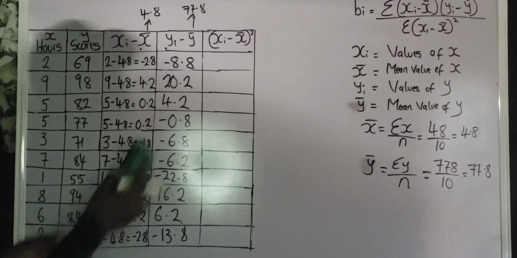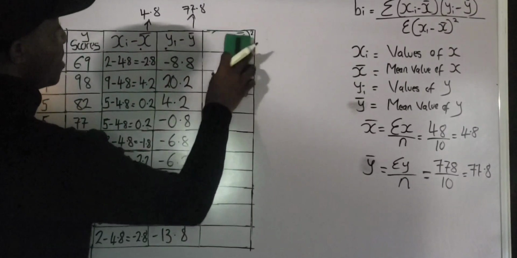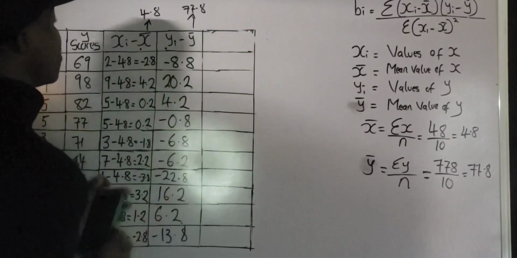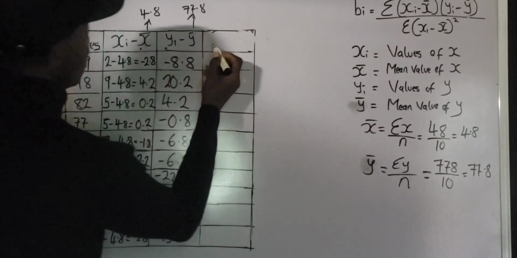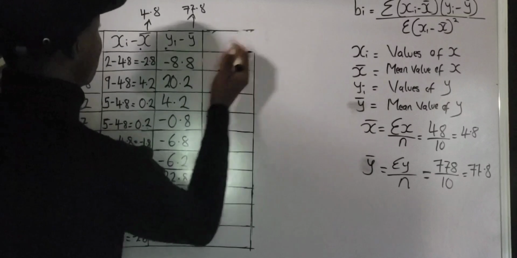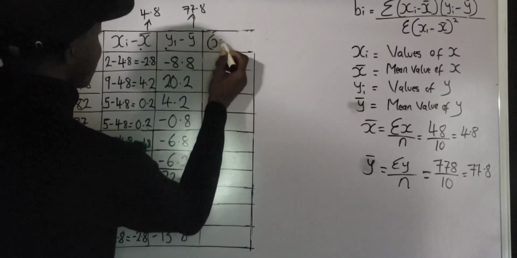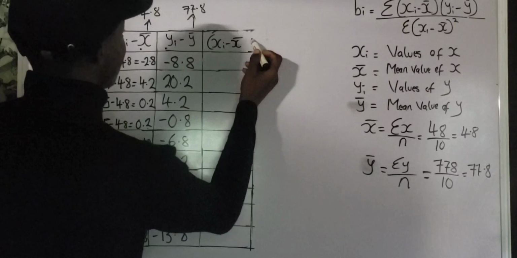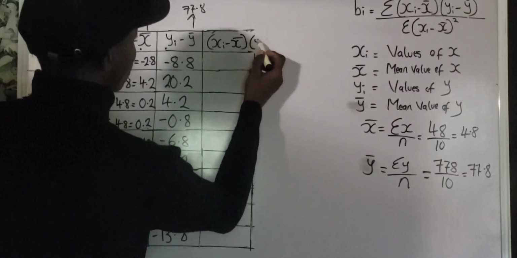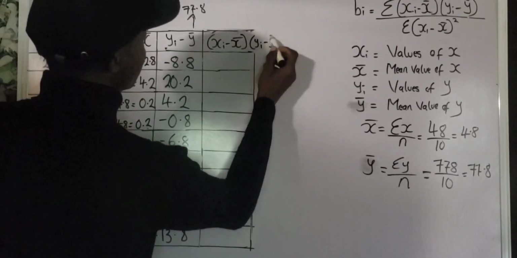So I'm going to erase this. We have not gotten to this point. The next cells will be the product of x minus mean multiplied by y minus mean. You understand?